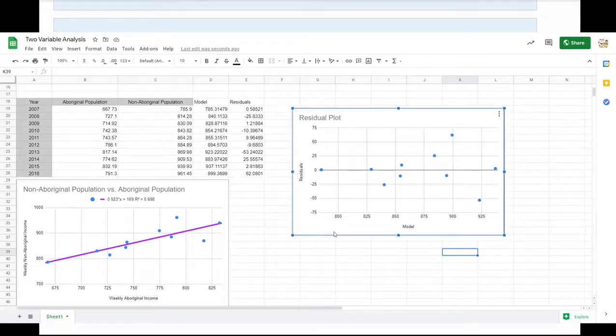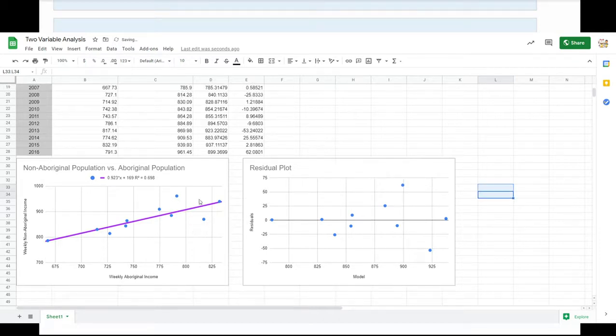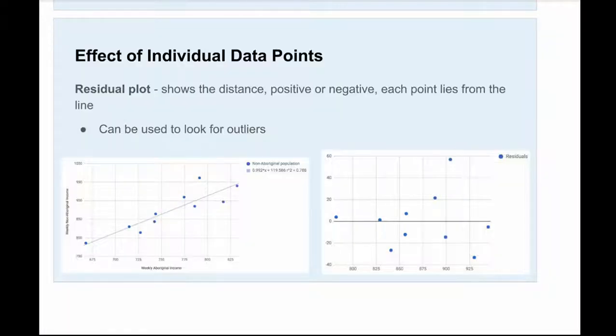Because if we look at these two, it might look like it's close to our line here or not that far off, but when we look at all the points in general, we can see that it is quite a distance for these two. These ones are quite a few values away from what we should get based off of our model. And it is a strong model, so we can argue that the relationship is there.